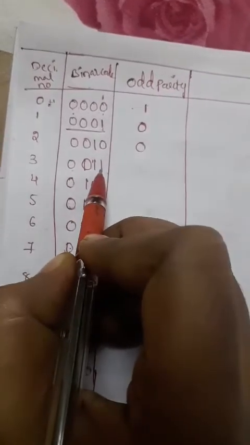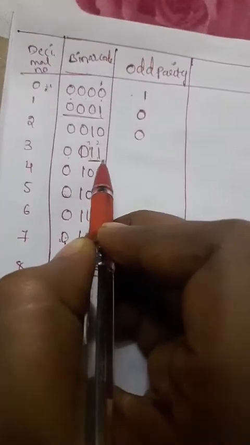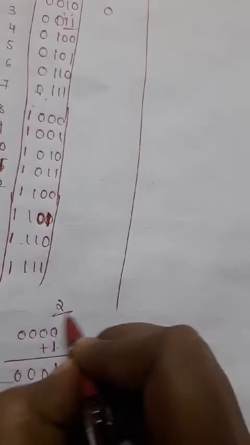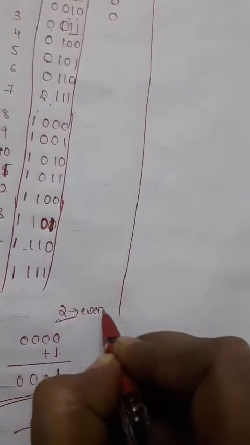In the next, that means the third number, having the 0011 binary code, the number of ones we are having is 2. 1, 2, right? How many ones are we having in that code? 2 ones we are having. 2 is related to an even number actually. So it's not related to odd parity. That means this number is not in odd parity.